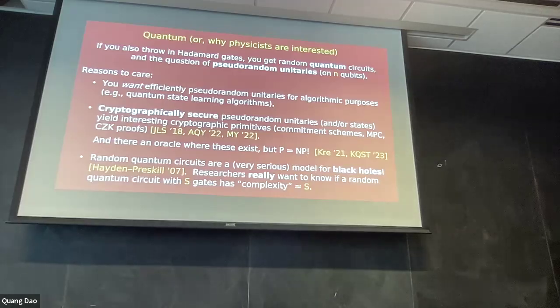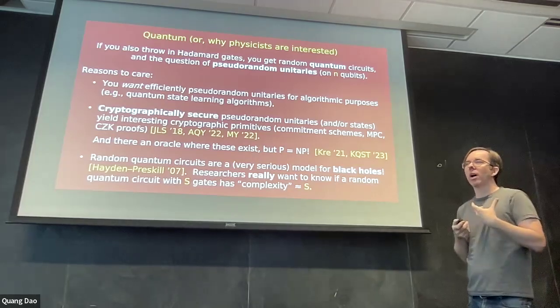And for example, they really want to know, and I guess we more or less do now know, if you make a random quantum circuit just by throwing down S quantum gates, does the resulting unitary actually have complexity comparable to S?